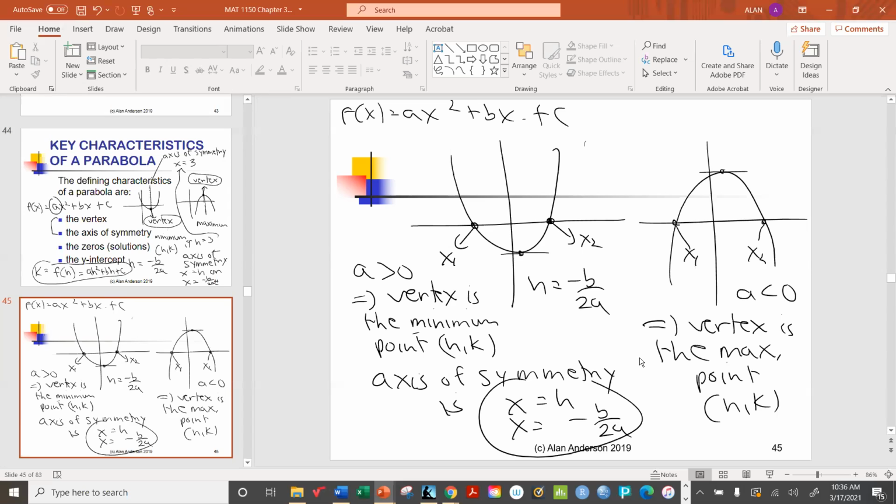And the y-intercept: somewhere along the way, and this could coincide with the vertex, the parabola will cross the vertical axis. It has to at some point, and that's easy to find. What you have to do is set x equal to 0.